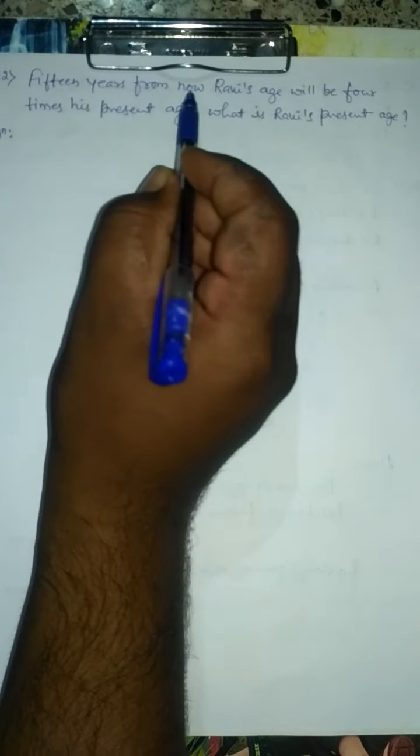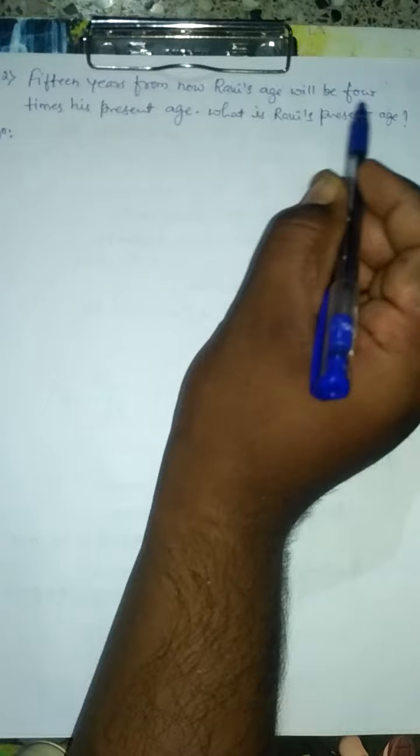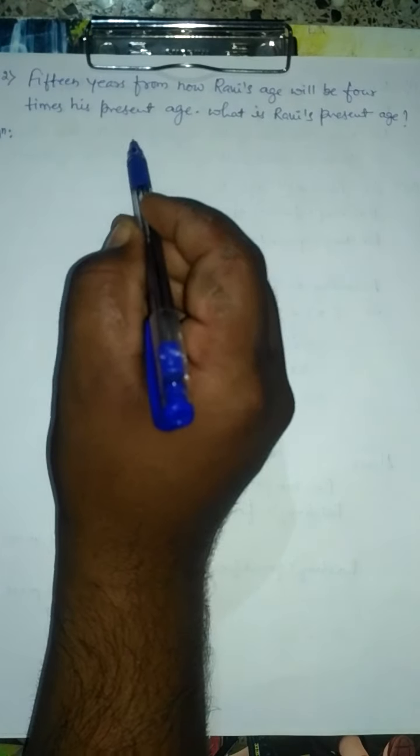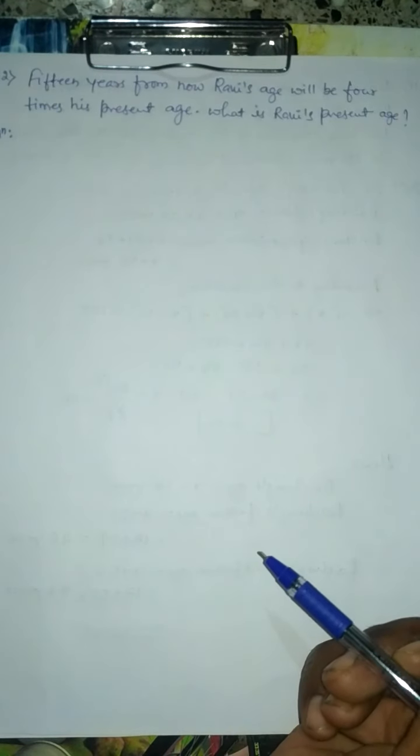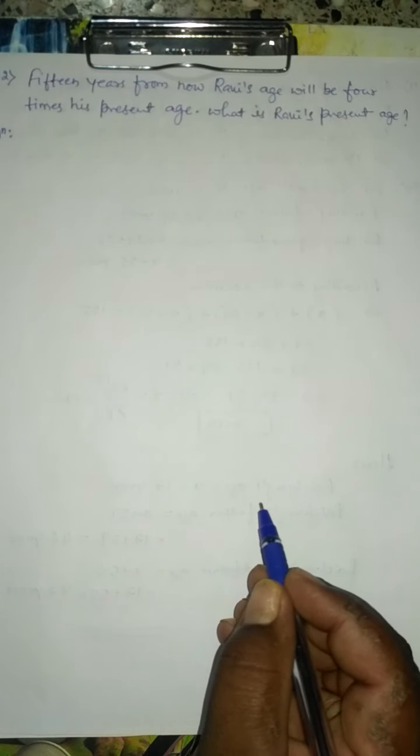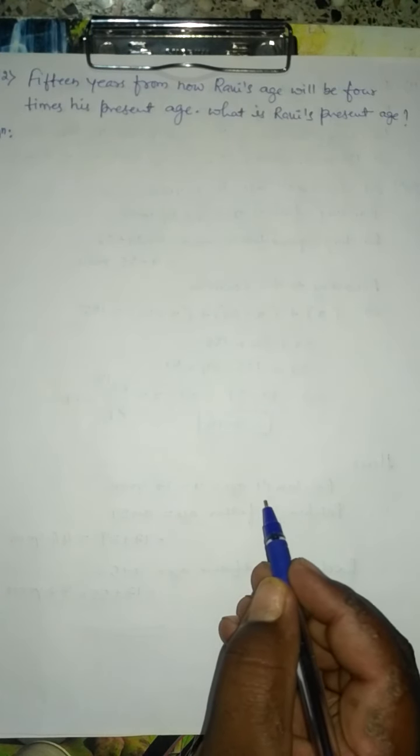We have to use this given data to find out Ravi's present age. First of all, we don't know his present age, so we have to assume it.